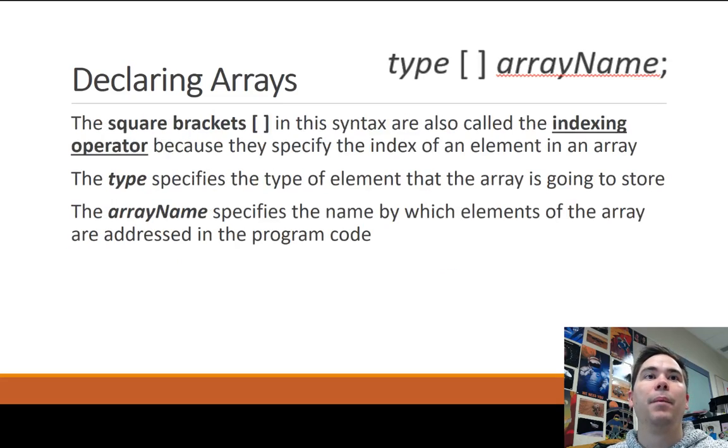So the square brackets in this syntax are also called the indexing operators because they specify the index of an element in an array. The type specifies the type of element that the array is going to store. And the array name specifies the name by which elements of the array are addressed in the program code.